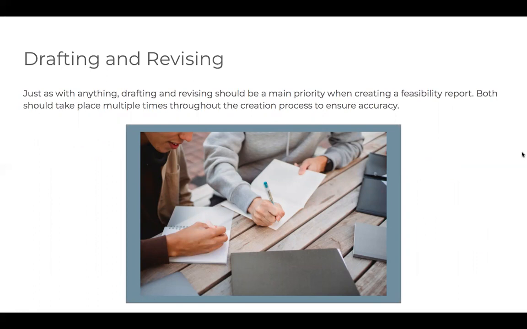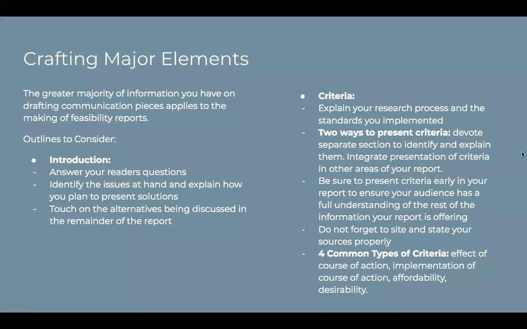This is going to ensure accuracy and ensure that nothing is missed over, whether it's grammar or organization or a fact that you misinputted. You always want to ensure accuracy when presenting a report or any other written work to a client.